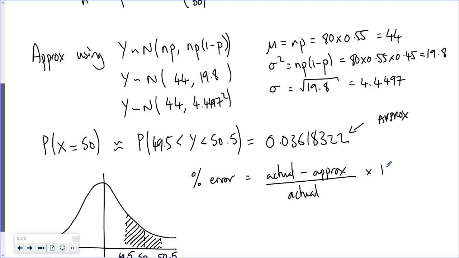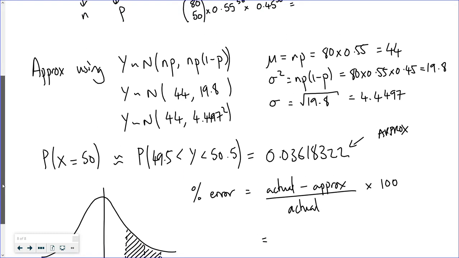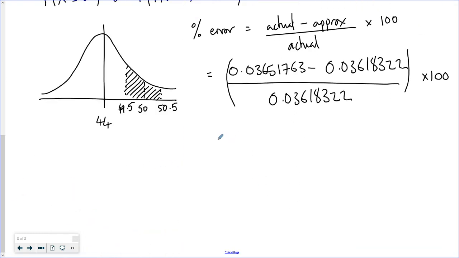And then we need to times that by 100. It doesn't matter whether you do approximate minus actual, because here we're not bothered about whether it's above or below. Here we just asked for the percentage error. So if we work that out, and don't forget to times by 100 to get percentage, we get 0.92% as our percentage error.